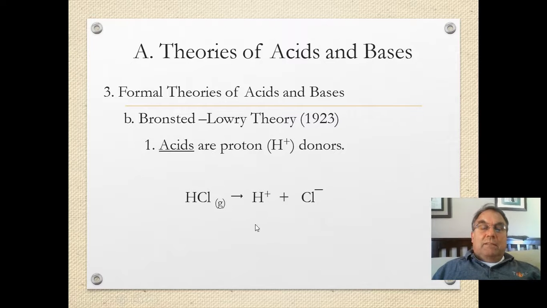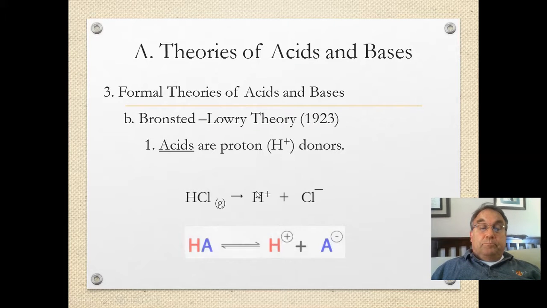So things can be acidic. Hydrogen chloride gas is not in water solution, but it still can donate a proton. So if you were walking around and there was a cloud of hydrogen chloride gas, it would do bad things to you. Those protons could do what acids do.